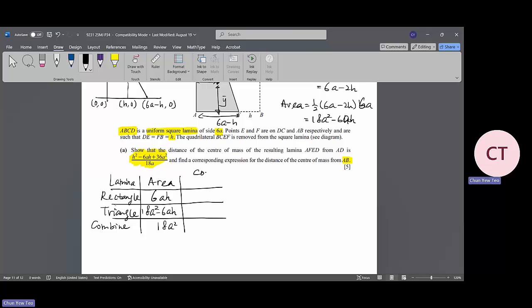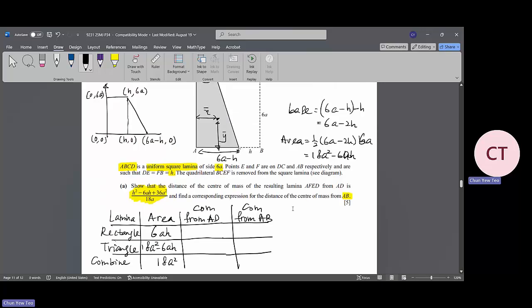So the center of mass from AD, and we also need to find the center of mass from AB. For the rectangle, it's actually the midpoint, so it will be half of the h, and it will be 3a. This one is simple.